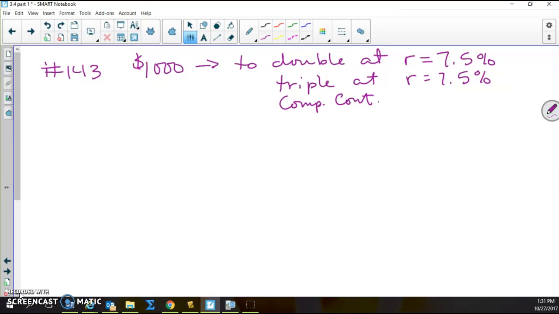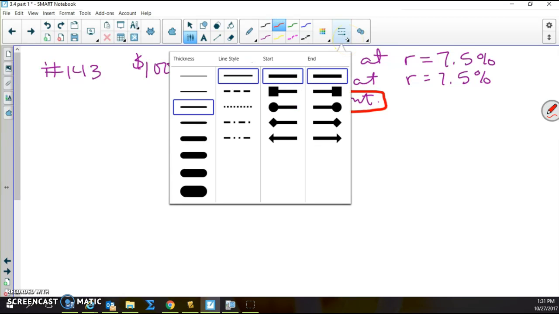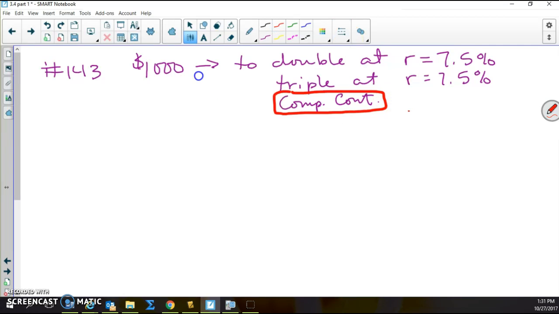You guys were reconsidering this concept of compounding continuously. And I want you to recall that we are using that equation: the amount left after a principal amount was invested is equal to the principal times e to the rt.